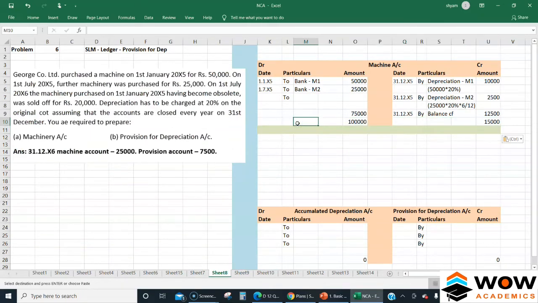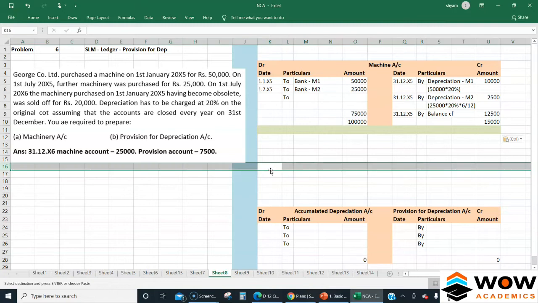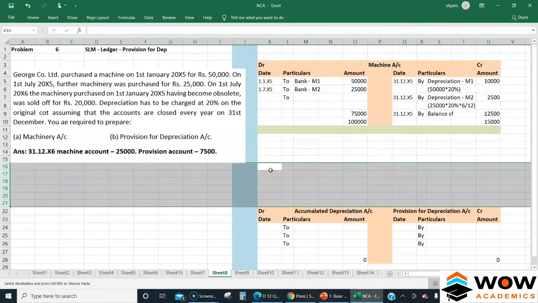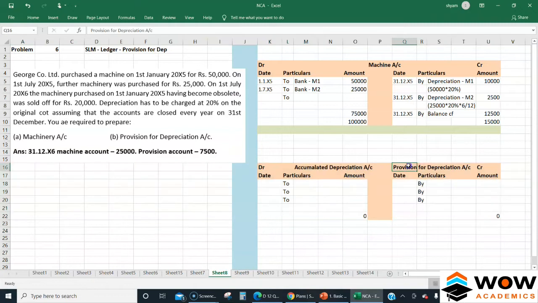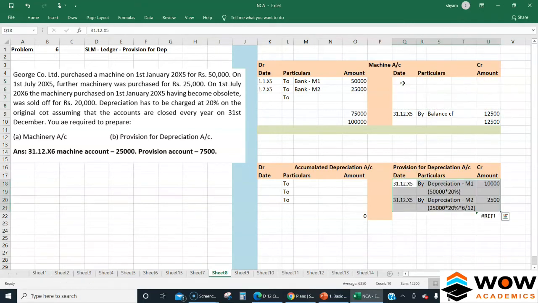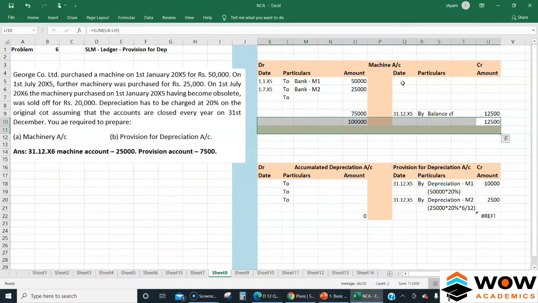Now, usually this is how we set accounts, but we should not set accounts like this when we have a provision for depreciation. We cannot do this. What we simply do is take out these depreciations and show them in the provision account only. We should not show them in this account.